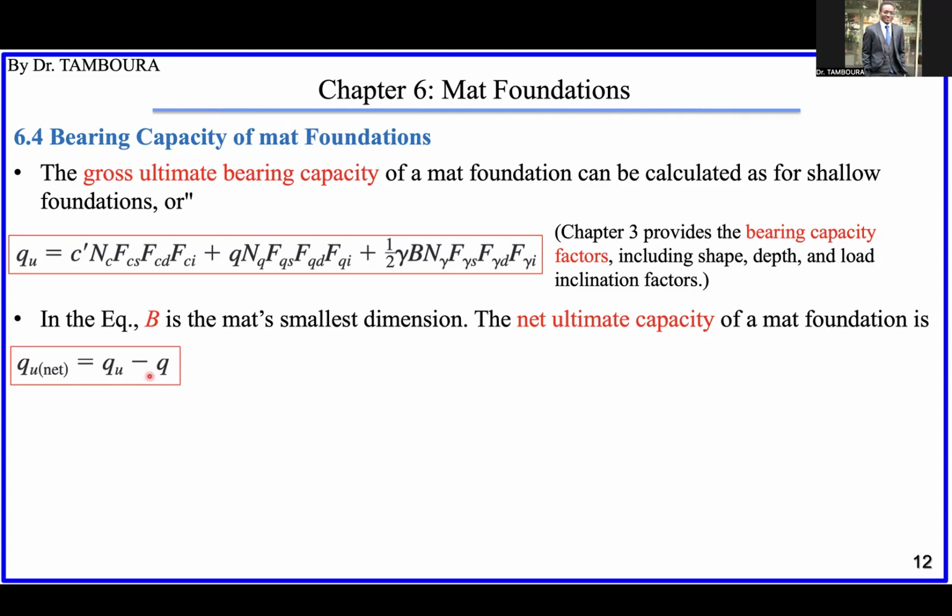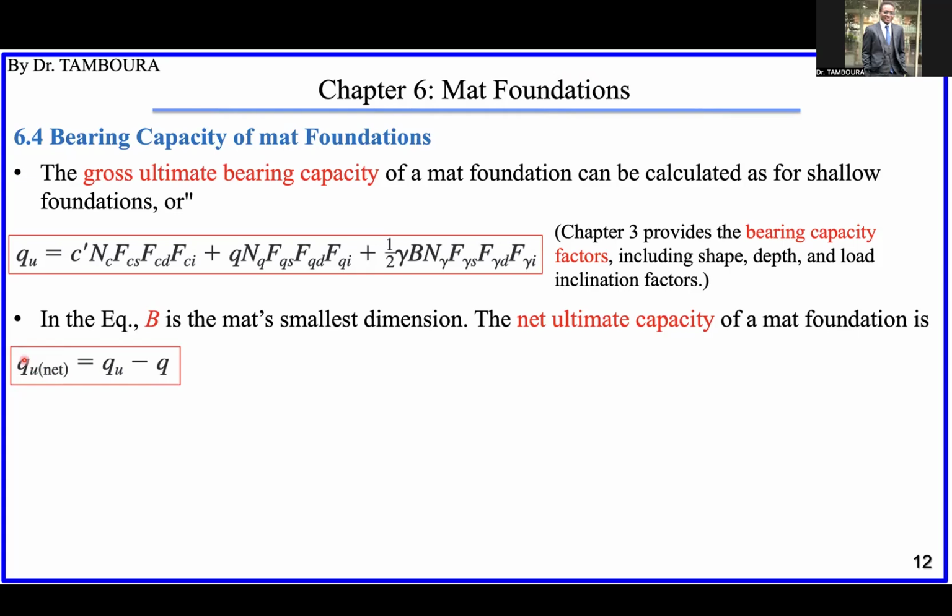Net means that the gross includes the place the foundation itself will take, but you have to remove that part of soil, so that's why you take this out. This is the net bearing capacity.